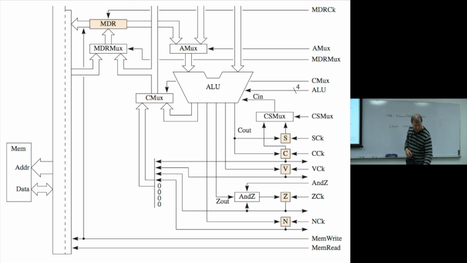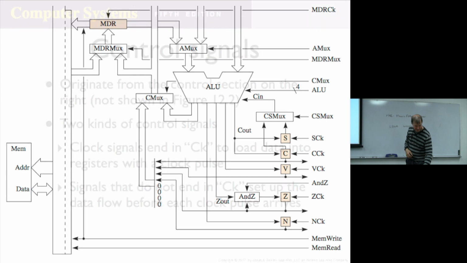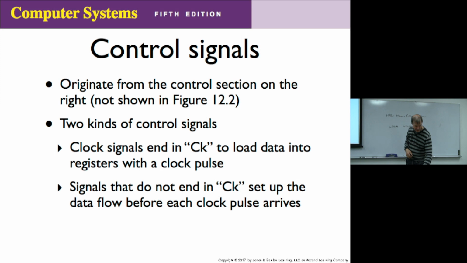Okay, so we've just about finished. So we did the muxes. Let's take a look at this slide, the control signals. The control signals originate from the control section on the right, not shown in figure 12.2, and there's 2 kinds of control signals.